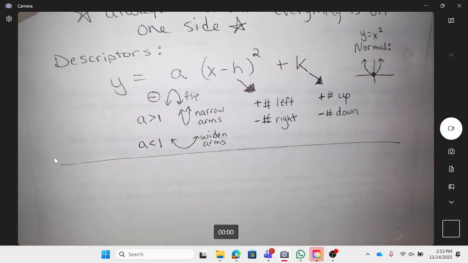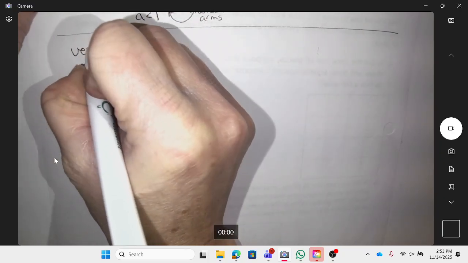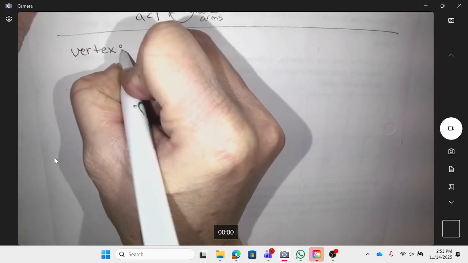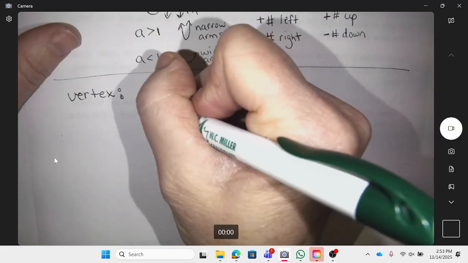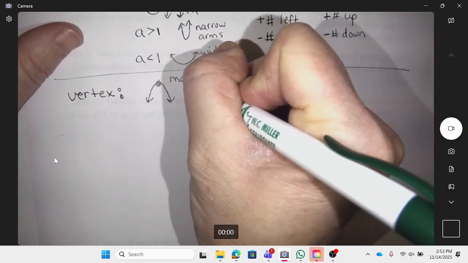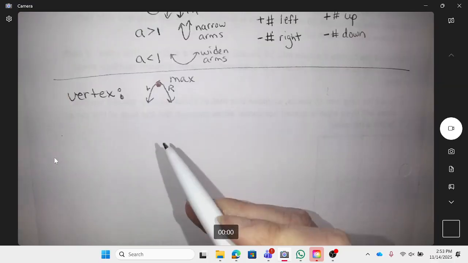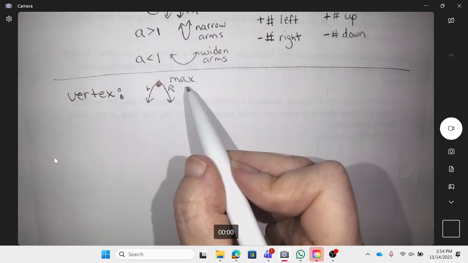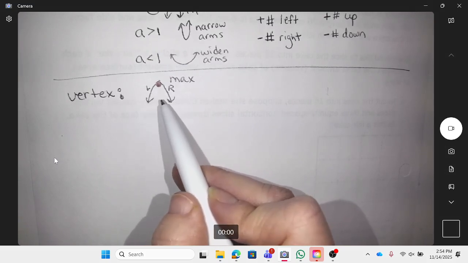Okay, now all those features and how to do them on your calculator. Okay, so vertex. So we could hit the max button, and then remember the calculator does this left-right.